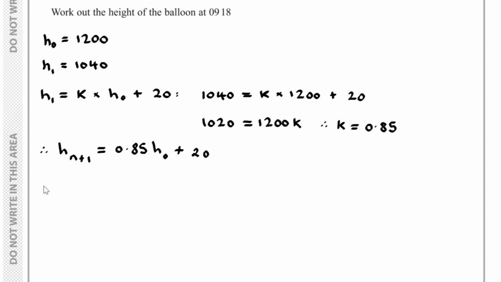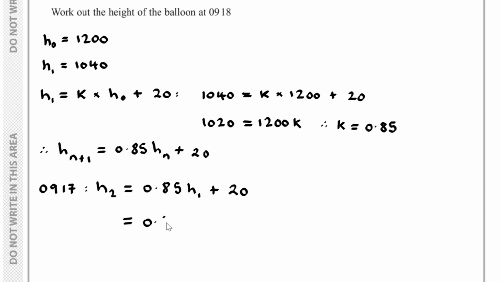So at 9:17, h2 is equal to 0.85 h1 plus 20.